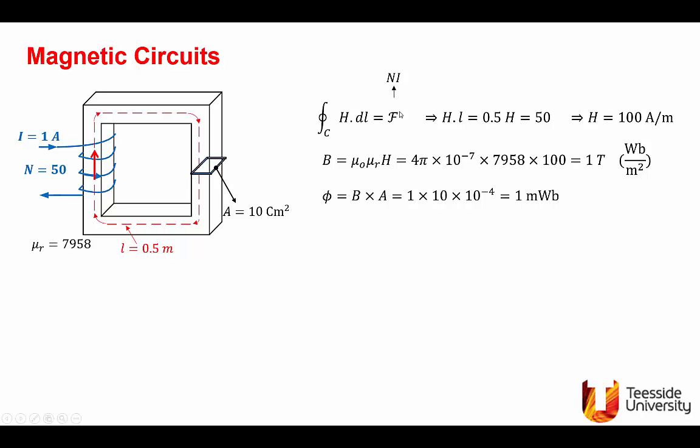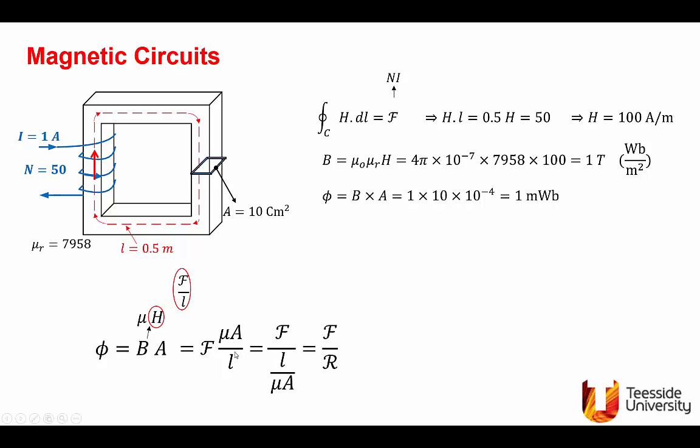Why did I go for the concept of magnetomotive force? Because now we have a treatment similar to electric circuits, and I believe you all should be more comfortable with electric circuits. So we have phi is B multiplied by A, and B is mu H, H is F over L, and you end up with phi is F, the magnetomotive force, multiplied by this.